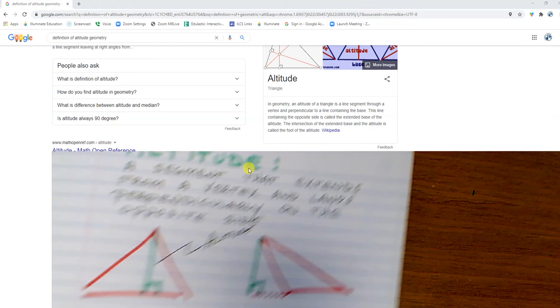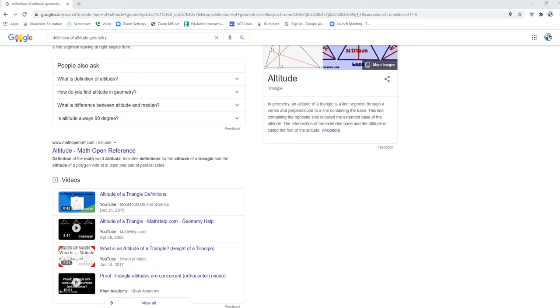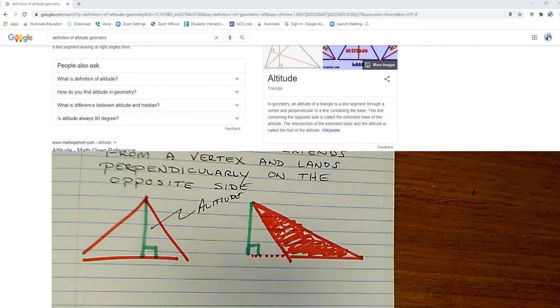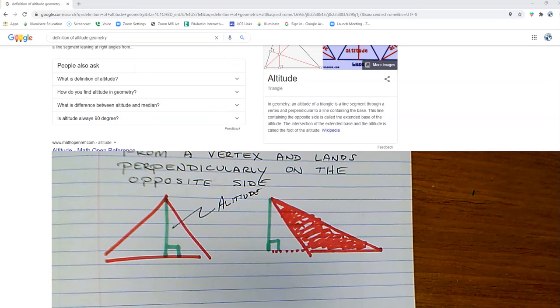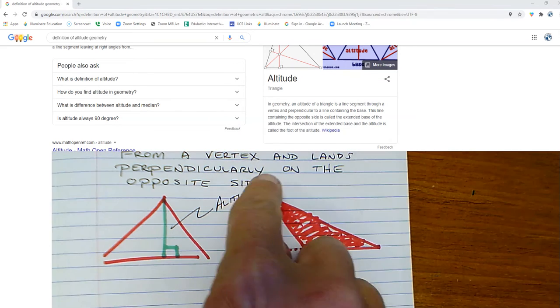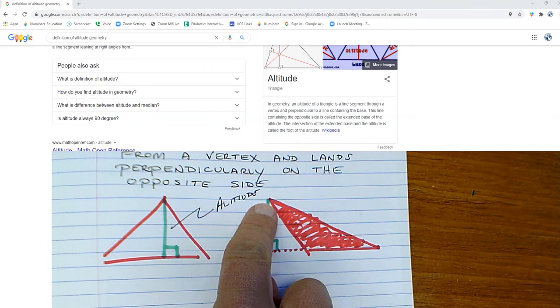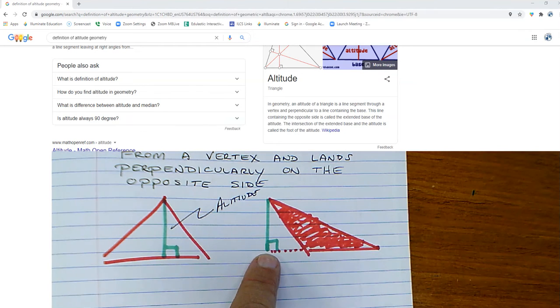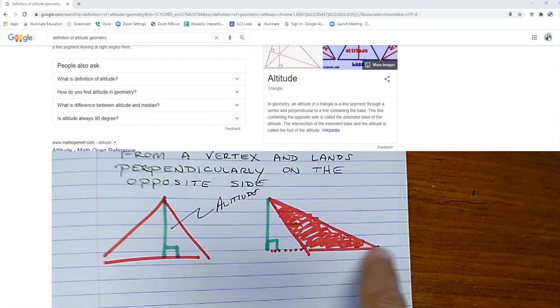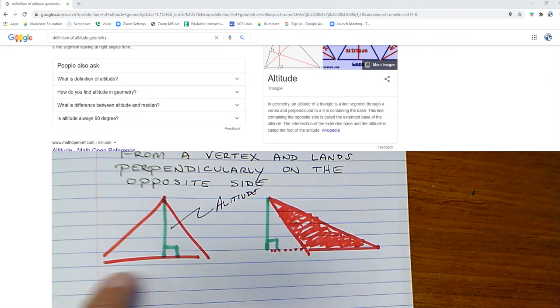Wow, man, I just messed that up, didn't I? Okay. So it comes down from the vertex, and lands perpendicularly on the line that contains the opposite side. There we go.